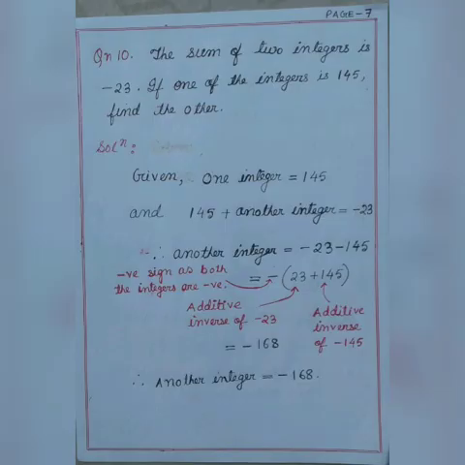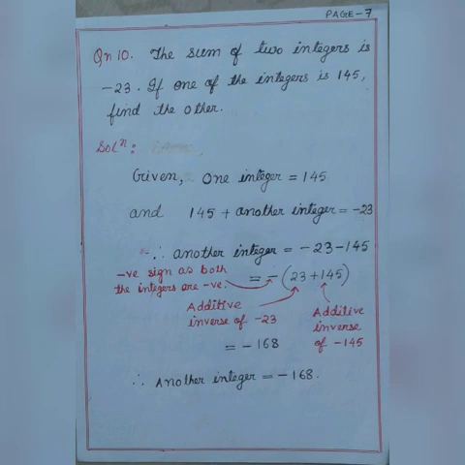Question number 10. The sum of two integers is minus 23. If one of the integers is 145, find the other. Solution: given one integer is 145 and 145 plus another integer is minus 23. These two expressions are given to us. So another integer will be minus 23 minus 145.